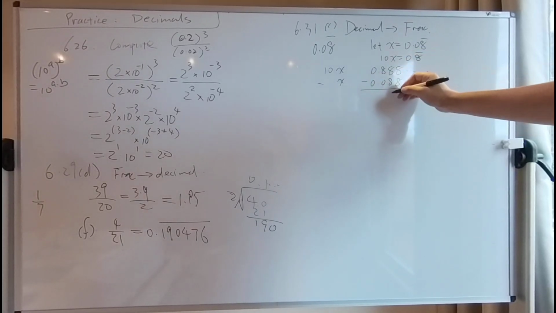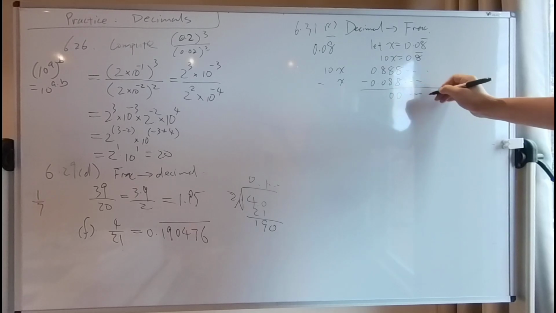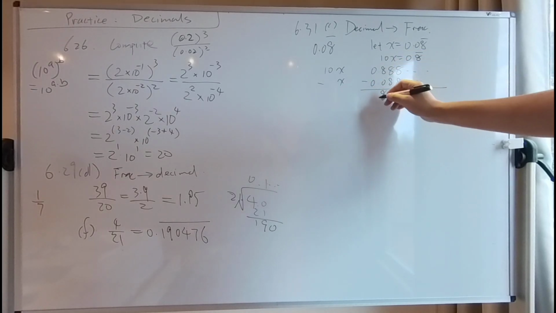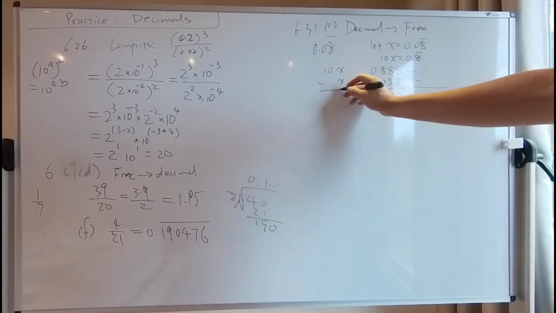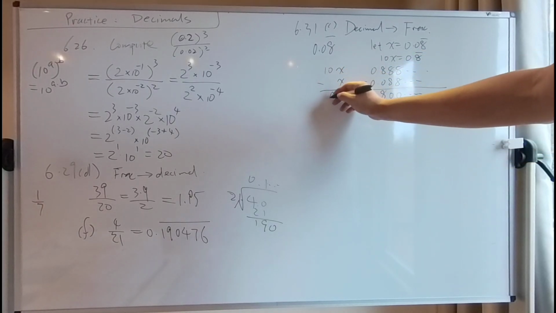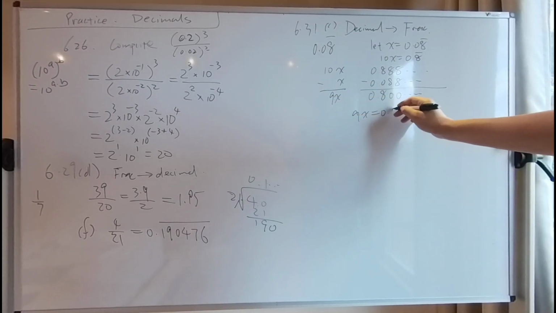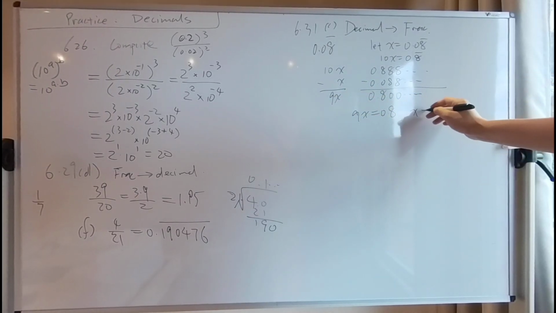Right, so all the 8s are repeating, so give you all the zeros, but the first decimal place 8 minus 0 is 8, this is 0, and 10x minus x is 9x. So 9x is 0.8. Solving from here, x is 0.8 over 9.